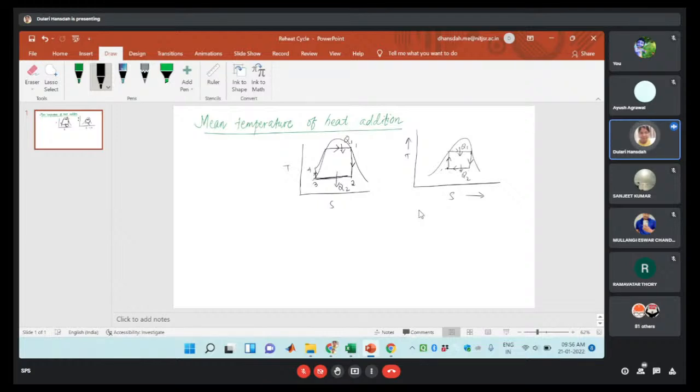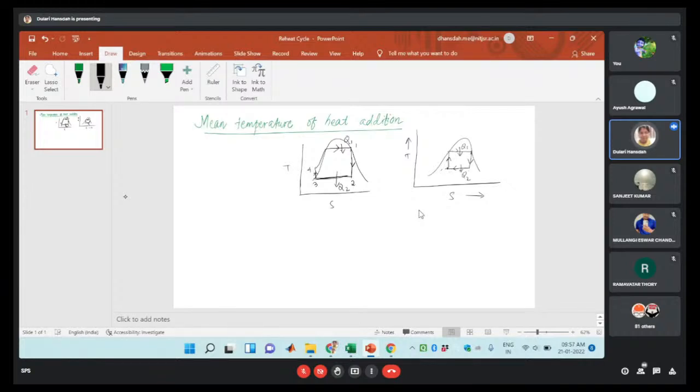If Q2 is less, then the efficiency of both cycles will depend upon the heat addition, that is Q1. In that case, the heat addition will be more in case of the Carnot cycle. So in the Carnot cycle, the pump has to do more work to handle this liquid vapor mixture.